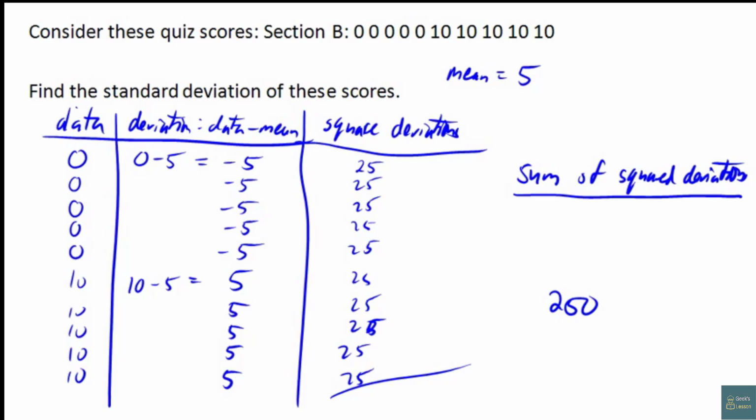So, if it's the population, then we divide by n, the number of data. If it's the sample, then we divide by n minus 1, 1 less than the total number of data. In this case, this is representing the entire section's scores, and so we're going to divide by n.